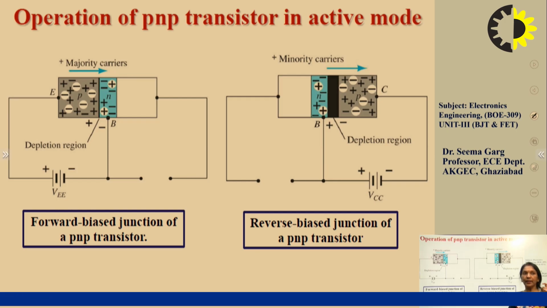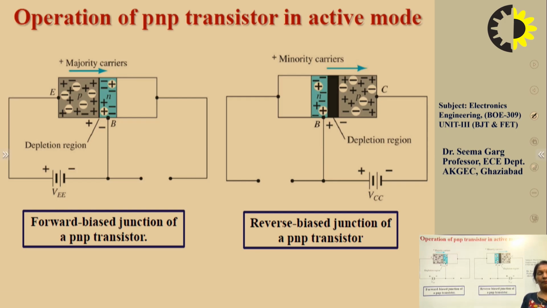Because of the reverse biasing, this situation is again similar to reverse biasing a PN junction diode. What does it mean? First, the depletion width gets wider.